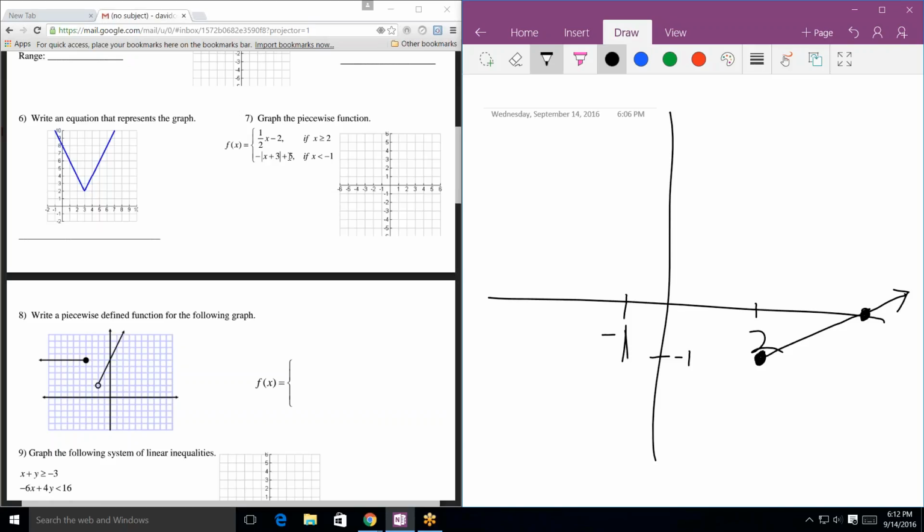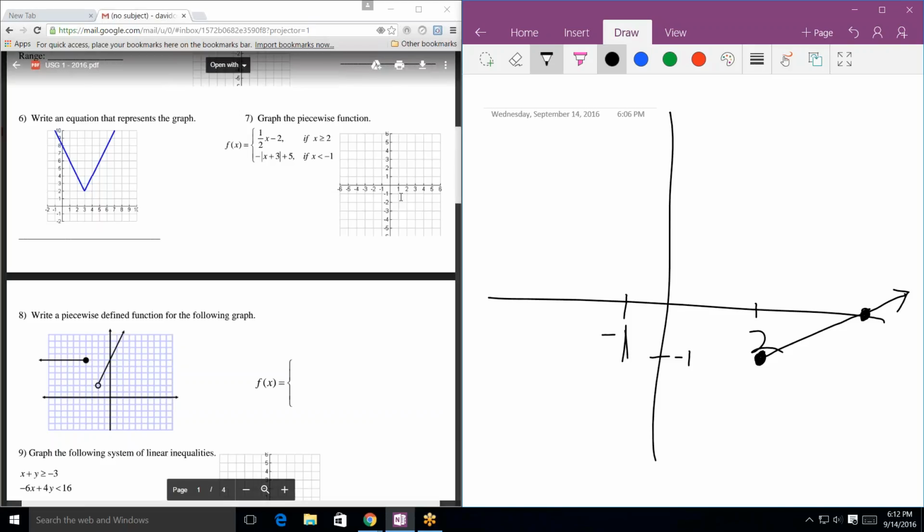In that second function, plug in minus 1 for x and tell me what f of x is. F of x, in other words, it's minus, I'm plugging in minus 1 for x, plus 3, plus 5. Now, what is that equal to?